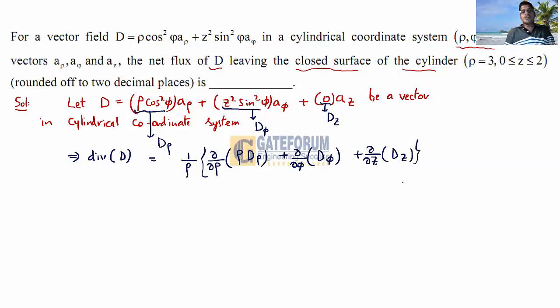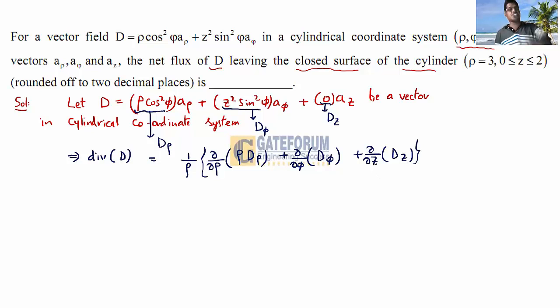In Cartesian coordinates, the divergence is dou f1 by dou x plus dou f2 by dou y plus dou f3 by dou z, where f1, f2, f3 are the components of the vector f along the x-axis, y-axis, z-axis, that is the i, j, k portions respectively.